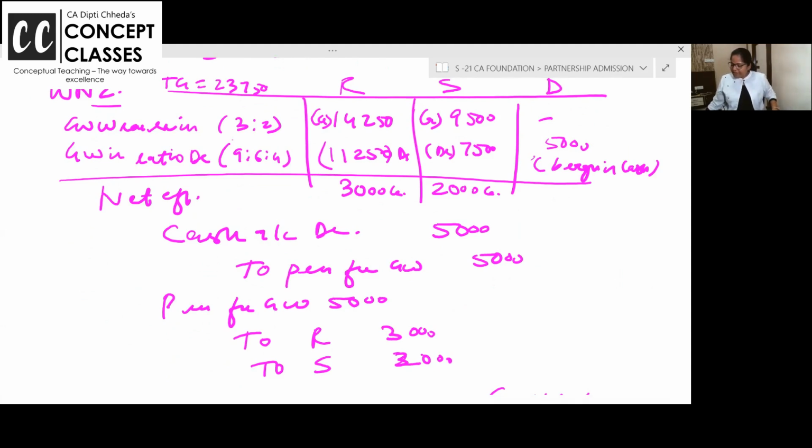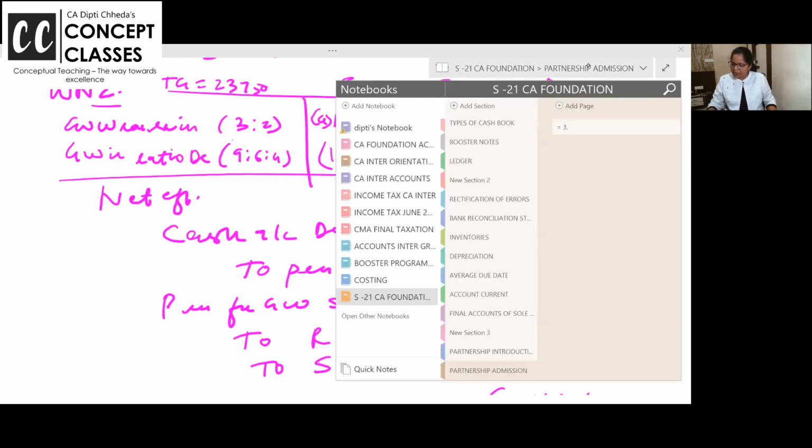When you finish writing, tell me. Any doubt you have, ask. Adjustment of the closing capital and all should be clear to you. Until tomorrow we will not remember. Okay, it's over for you. All of you go to your booster notes very quickly.